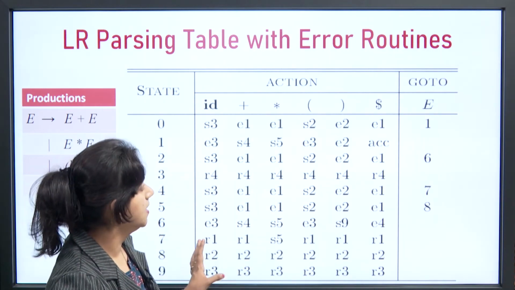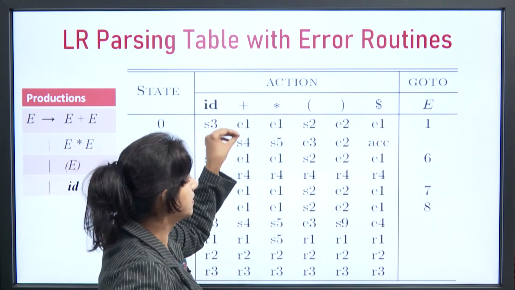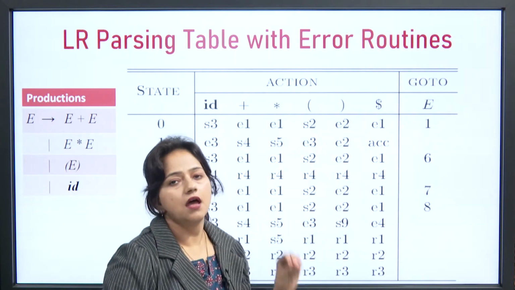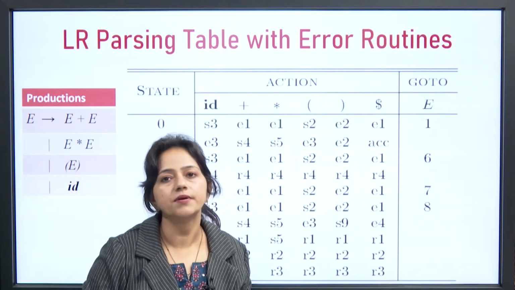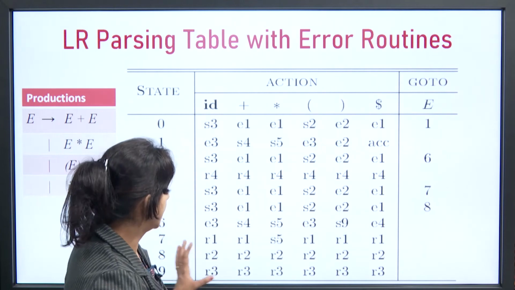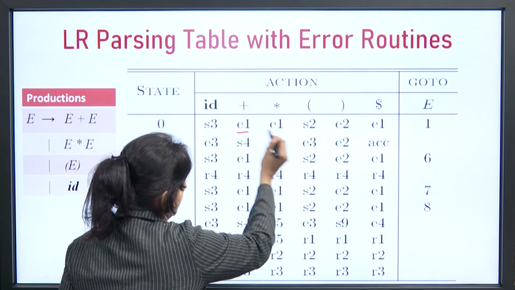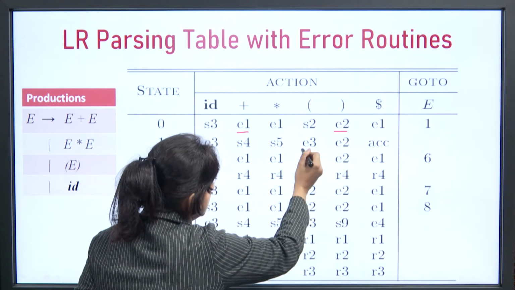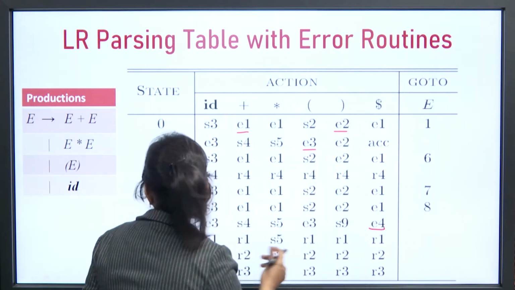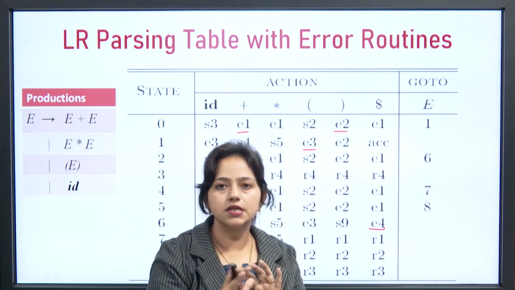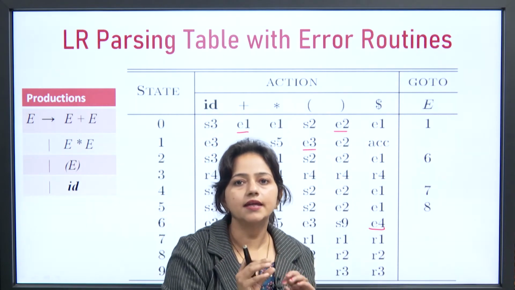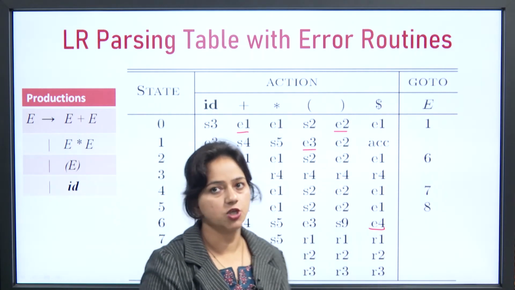As discussed earlier, we will write the error routines. These routines will be written by the compiler designer, and here we have written 4 routines, E1, E2, E3 and E4, and these 4 routines are linked at various places in the parsing table.